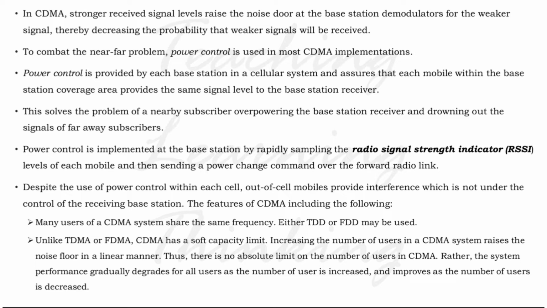Power control is provided by each base station in a cellular system and assures that each mobile within the base station coverage area provides the same signal level to the base station receiver. This resolves the problem of a nearby subscriber overpowering the base station receiver by drowning out the signal of a far away subscriber.